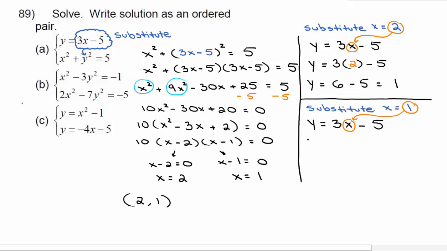So that's going to give me y equals 3 times 1 minus 5. So that's going to be y equals 3 minus 5, which gives me negative 2. And we came up with another ordered pair. So let's go ahead and write that ordered pair down. That's going to be 1 comma negative 2. And we came up with our two solutions for the system of nonlinear equations.